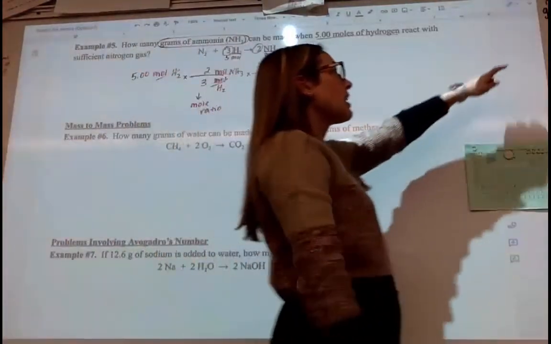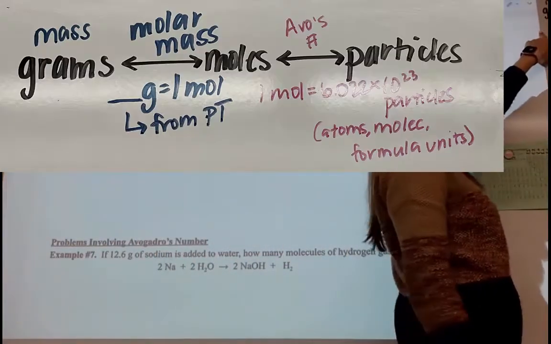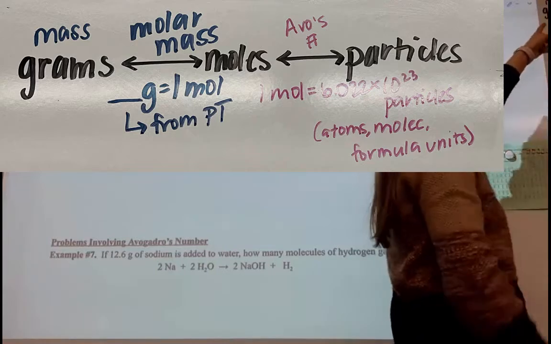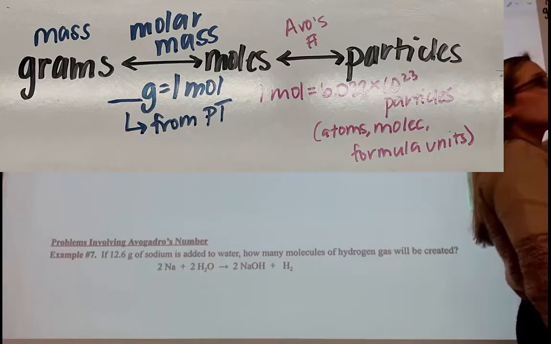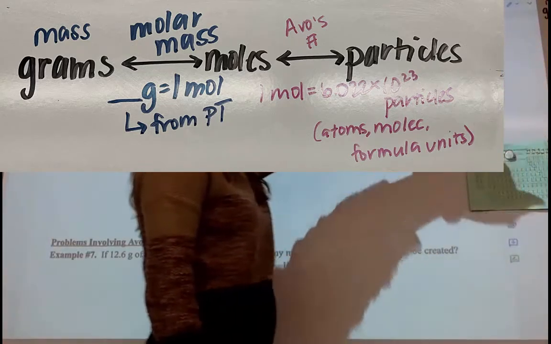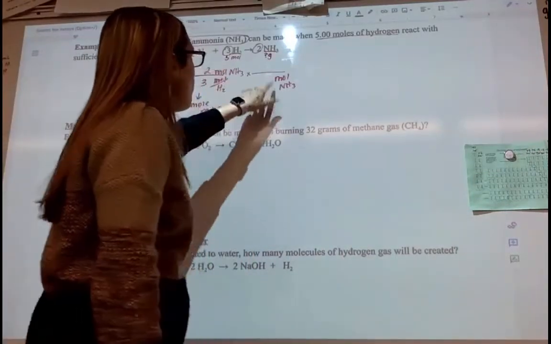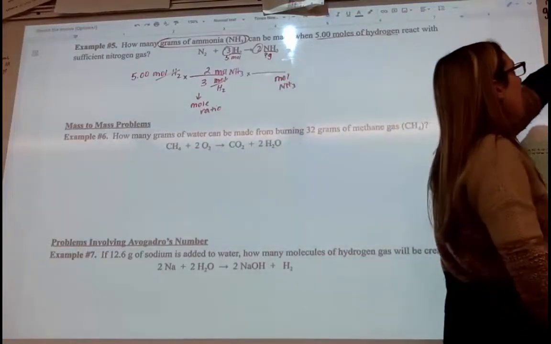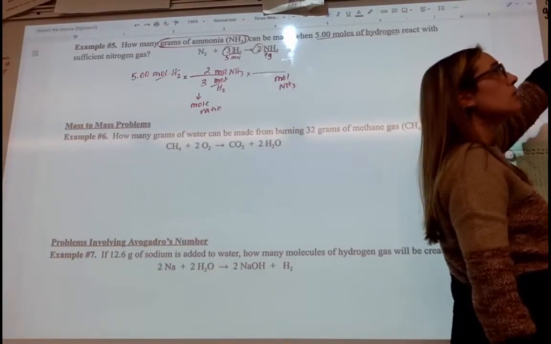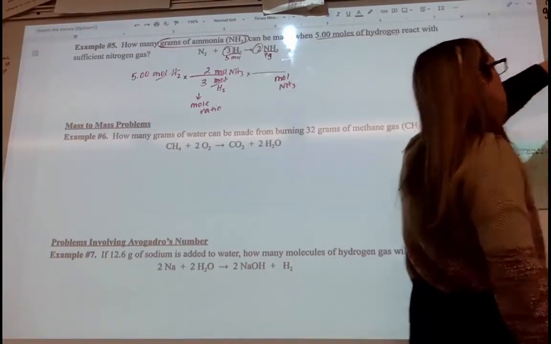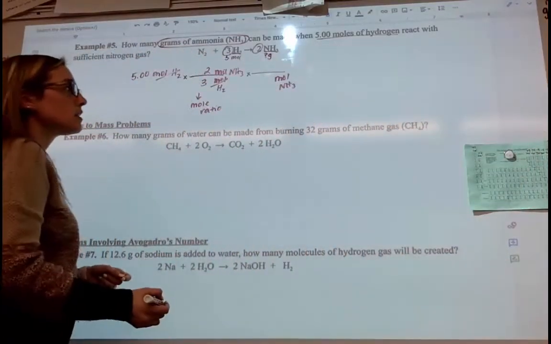If we think back to our mole conversions that we did before, grams to moles to particles, we have a way to go between all of those units. I don't want moles, I want grams. We have a way to go between the two. To go between grams and moles, we have to use the molar mass.